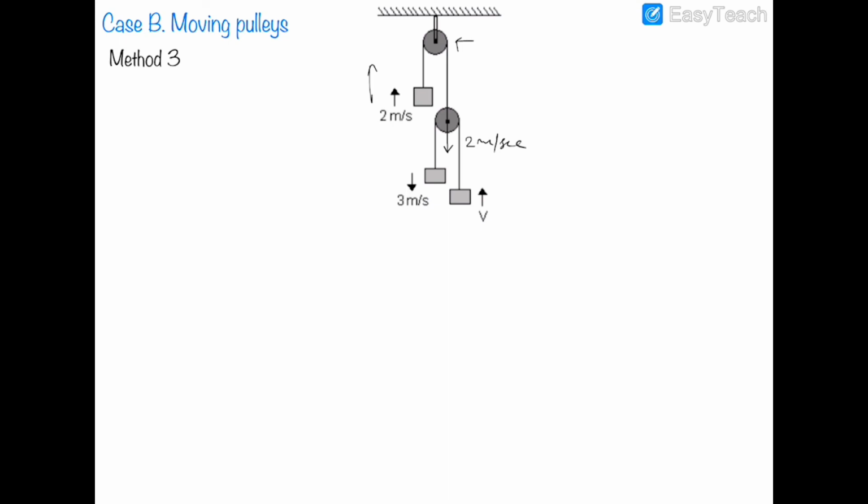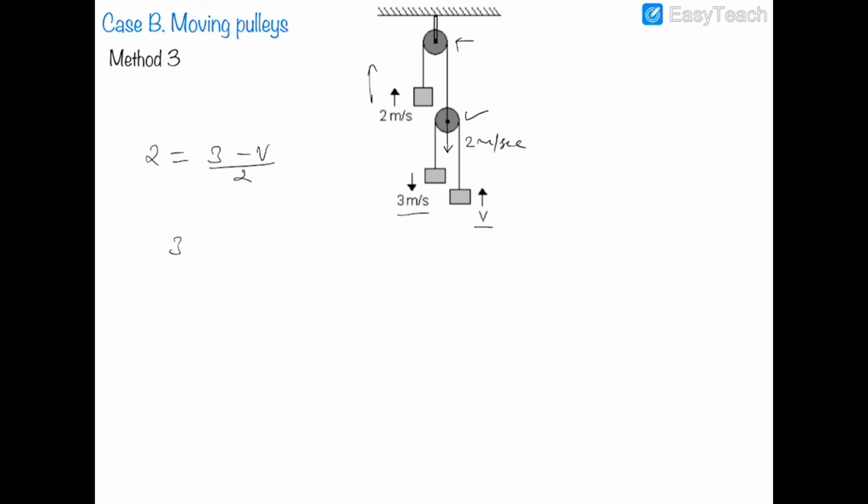So we can say that this moving pulley will move with a velocity which is the average velocity of these two blocks, and due to the fact that this pulley is moving downward and this 3 meters per second velocity is also in the downward direction, we have to assume the downward direction to be positive, and we can write the equation as 2 is equal to (3 minus v) upon 2.